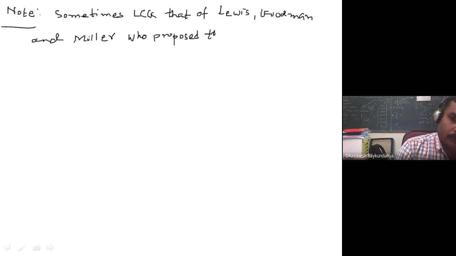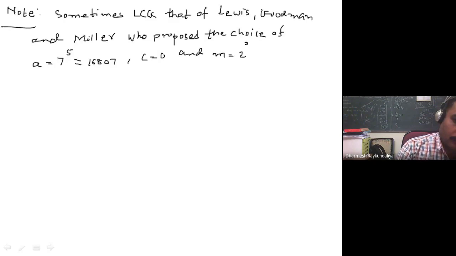They propose the choice of A. What they suggest, the choice of A is 7 raised to 5, that is 16807, C equal to 0 and M equal to 2 raised to 31 minus 1.